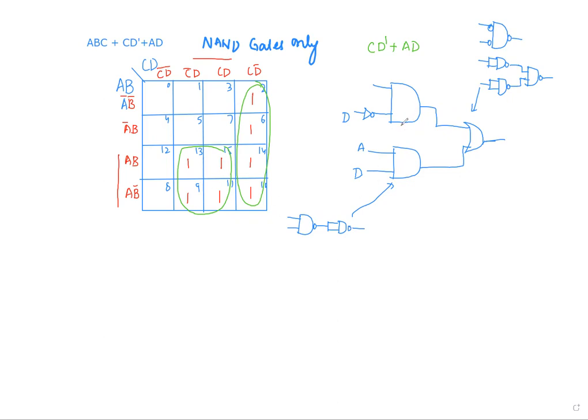The first thing is I'm going to replace them here. So this is your CD bar: this is your C and D bar, again with an AND gate required like this.